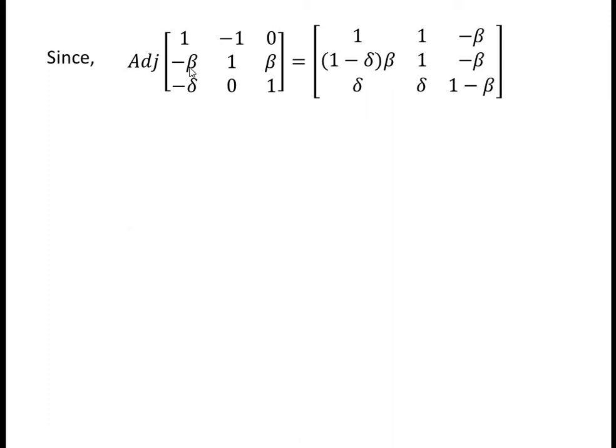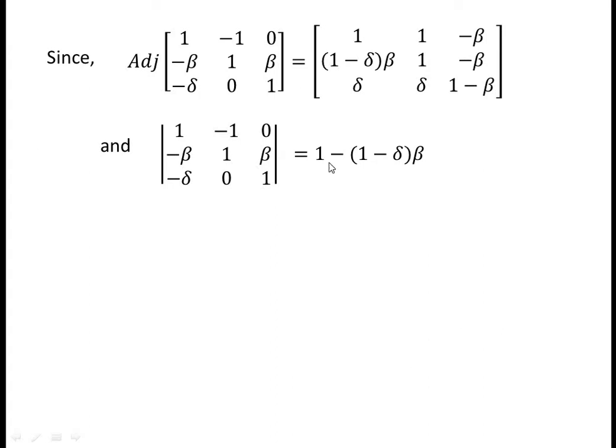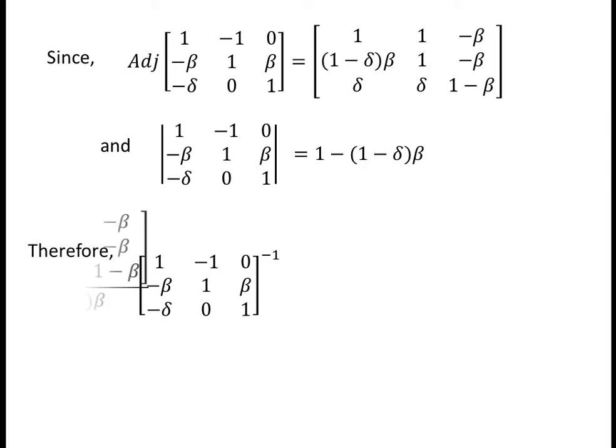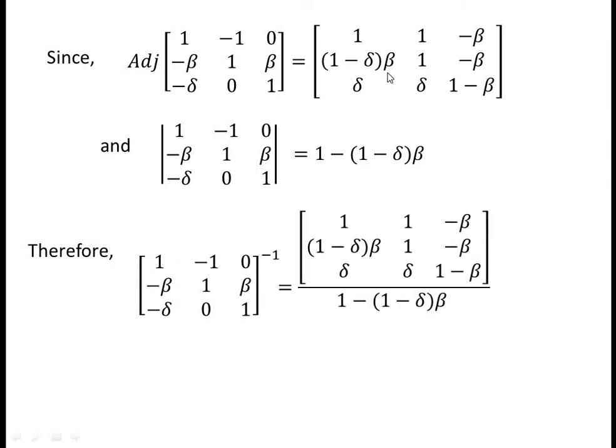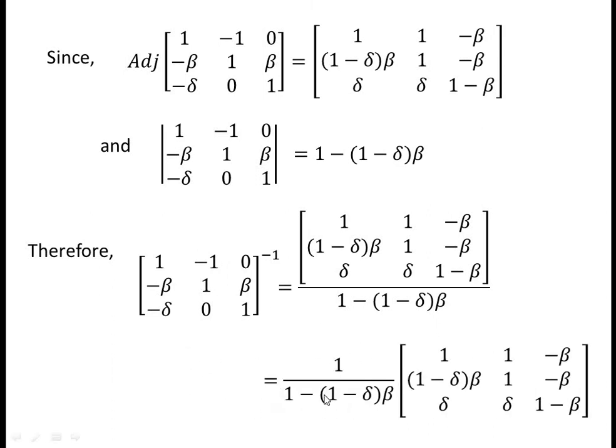Since the adjoint is this, and the determinant value is 1 minus delta into beta, the inverse of the matrix is equal to the adjoint divided by the determinant value, that is 1 divided by 1 minus delta into beta multiplied by the adjoint of the matrix.